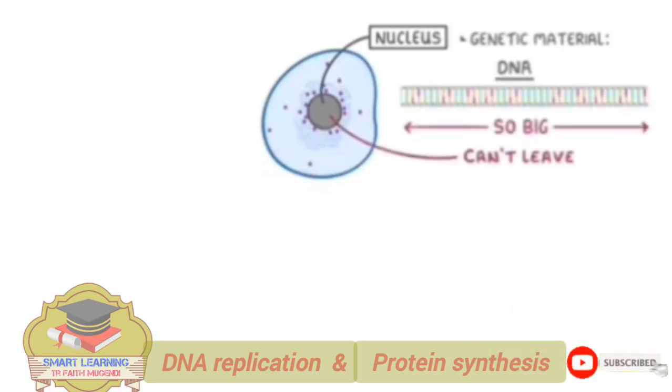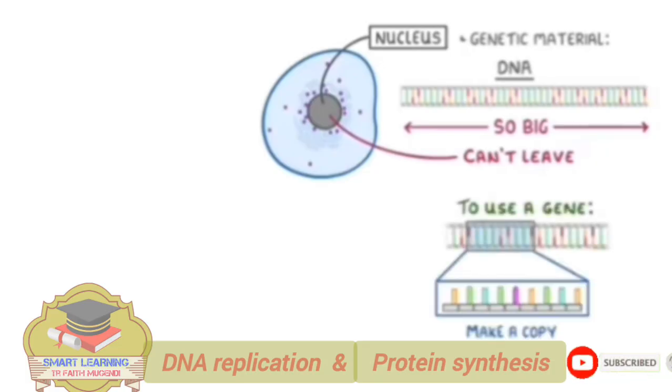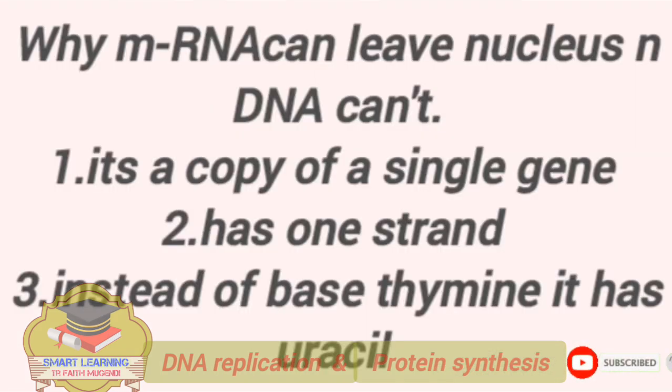Messenger RNA is able to leave the nucleus because of the following three reasons. One, messenger RNA is just a copy of a single gene and is similar to DNA. However, it's shorter than DNA because it's just a copy of a single gene and not the entire DNA strand.